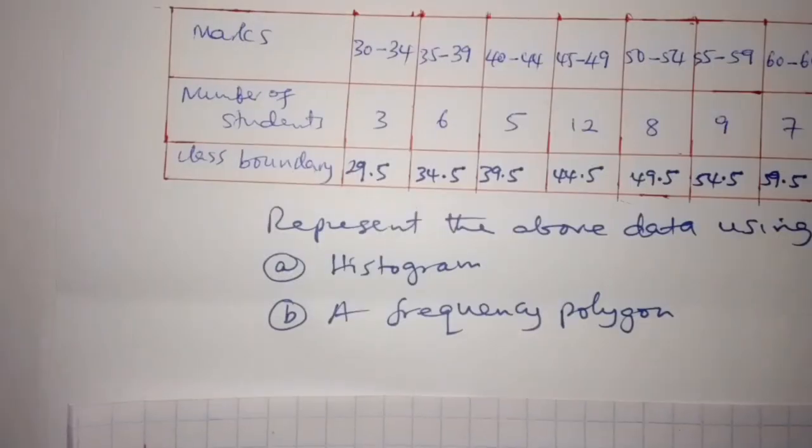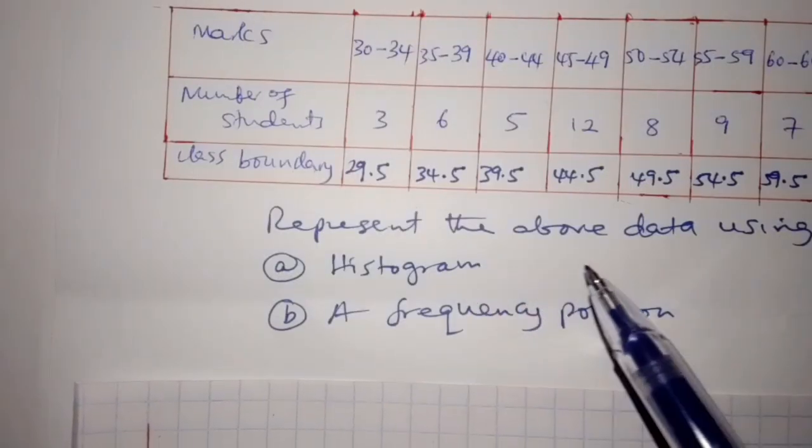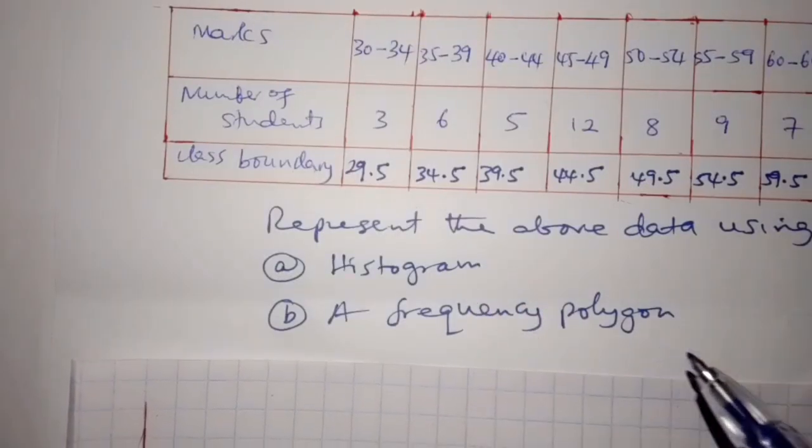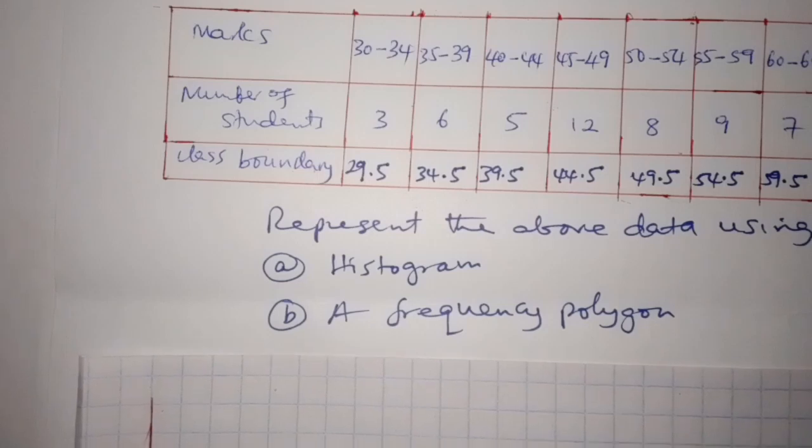Now, represent the above data using a frequency polygon. How can we represent it using a frequency polygon? We draw the frequency polygon in the same graph by identifying the midpoints on the tops of the bars in the histogram.